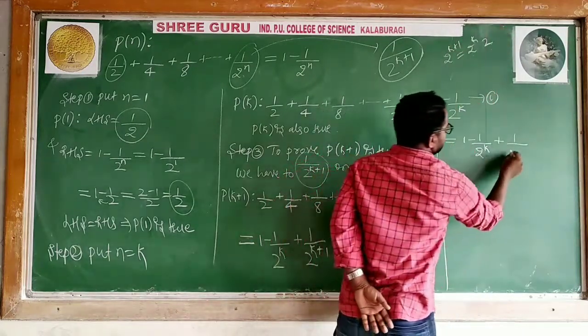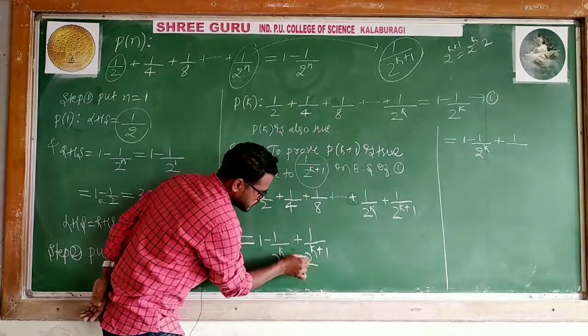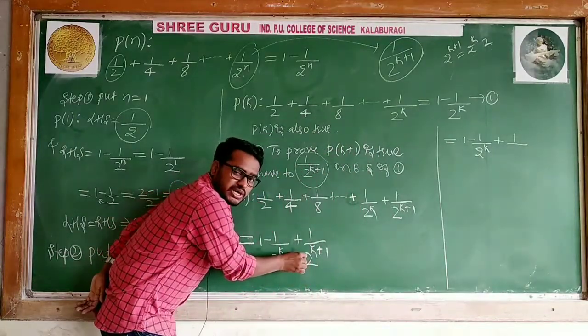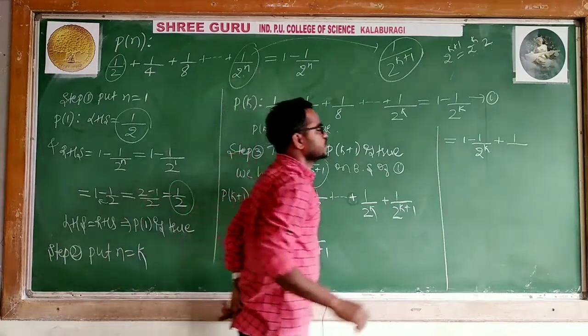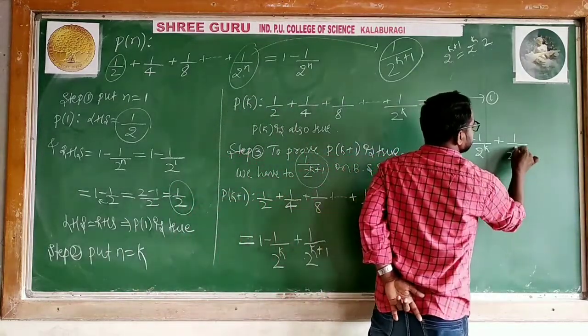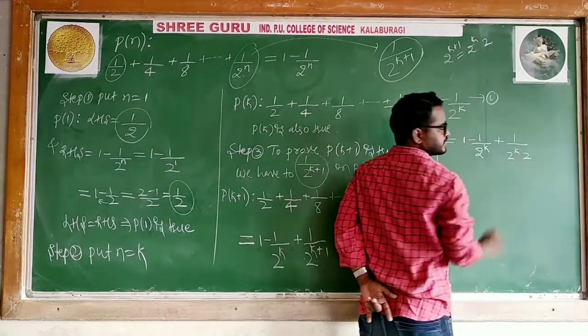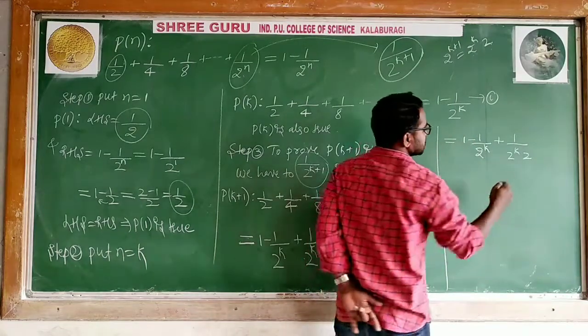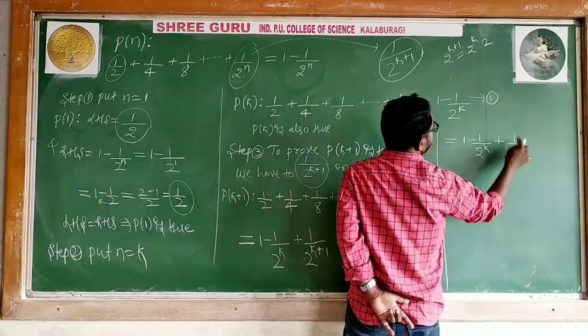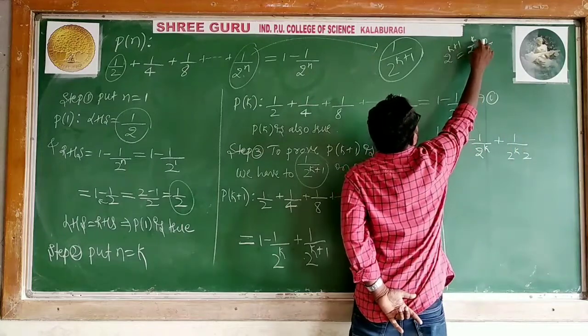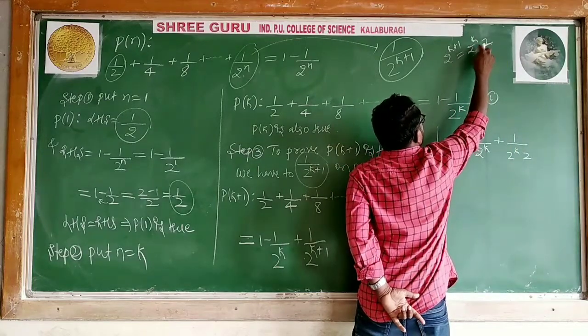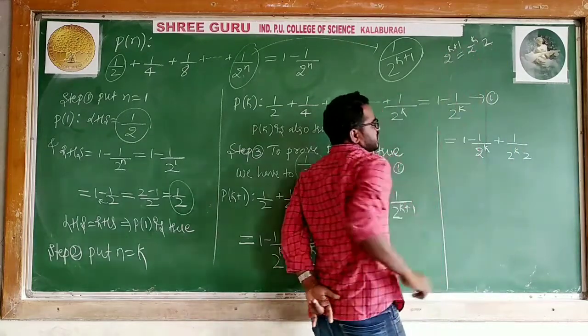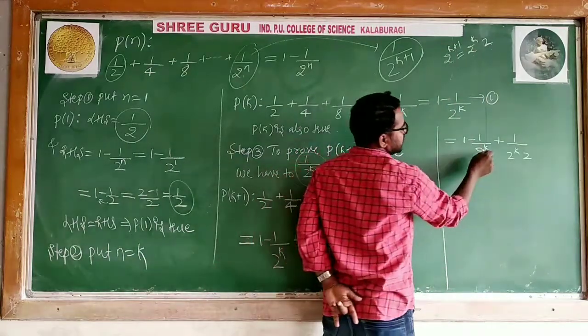So can I write 2 to the power k plus 1 as 2 to the power k into 2? Any problem? There is no problem, because bases are same, powers you can add. 2 to the power k plus 1 is equal to 2 to the power k into 2. Because I am writing this, I need to get this common.